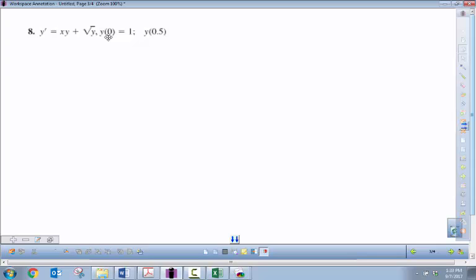I don't think it'll be exact when you solve for it. One of them is either going to be 0 or 1/2 square root of y to the negative 1/2, so it's not going to be exact. It's also not autonomous because there's an x on the right-hand side, right?